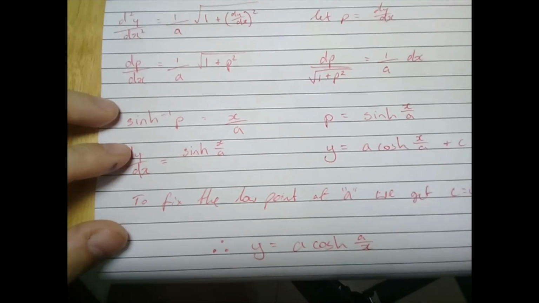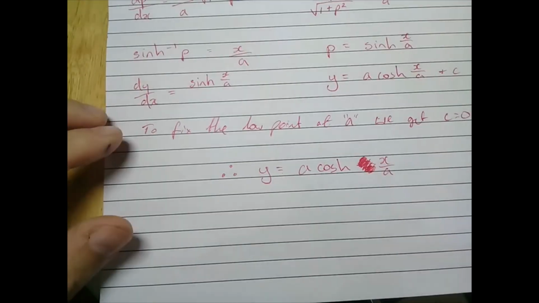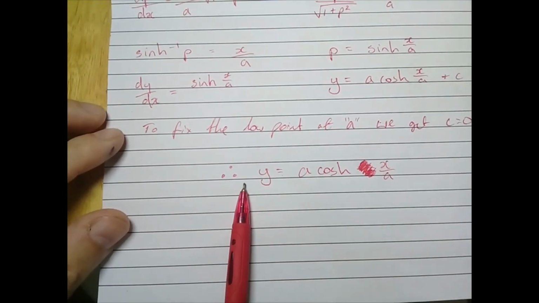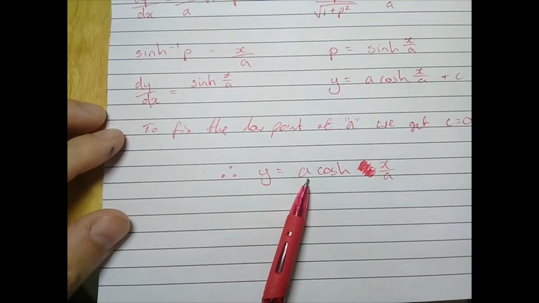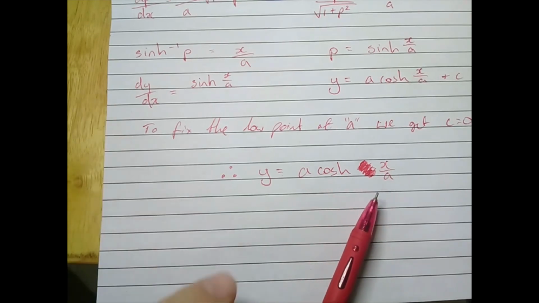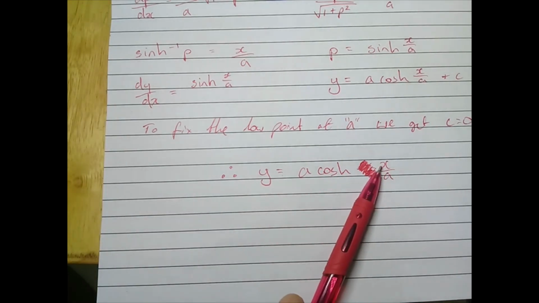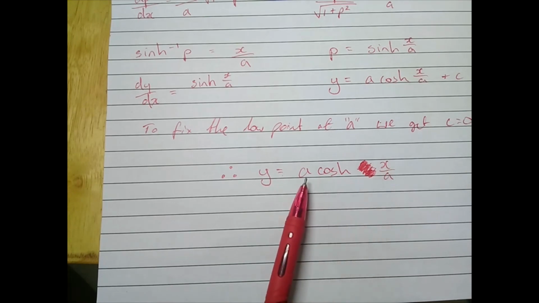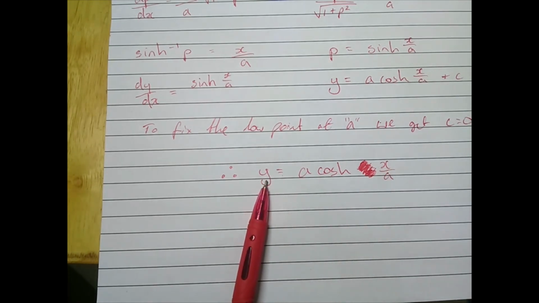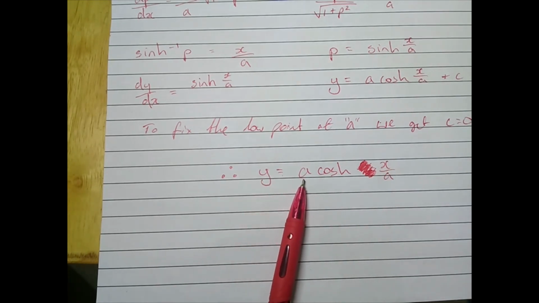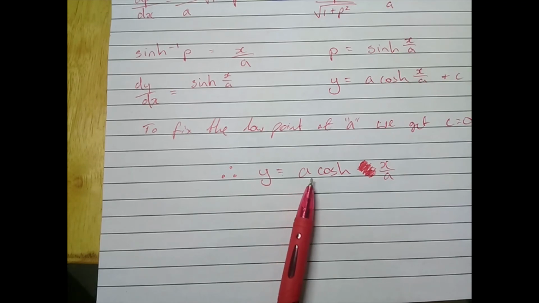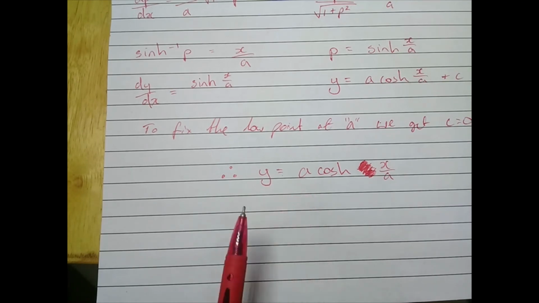So I can just eliminate that constant of integration. And we ultimately end up with this equation here where y equals a cosh of x over a. So if I put any value of x in, I can work out any point at y, where the bottom of the curve is a units above the x-axis, or above the origin.